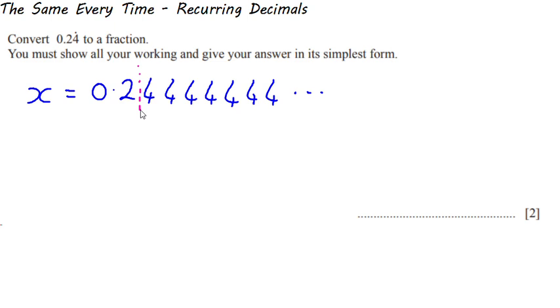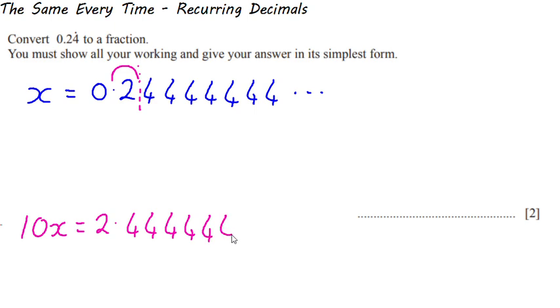So to get myself into the repeating part, I need to move my decimal point 1 place to the right, which is the same as multiplying by 10. That's going to give me 10 times x, and 10 times x then is going to be 2 point, and then on the right-hand side, after my decimal point, I'm going to have all of the 4s like that.